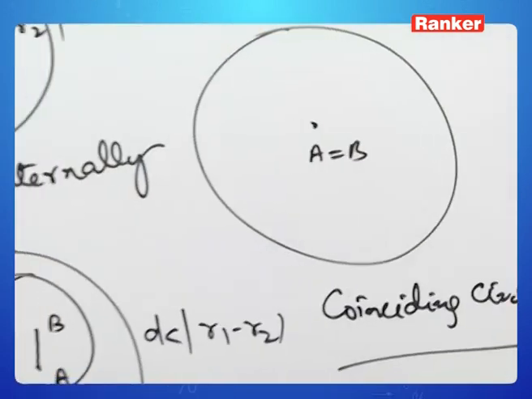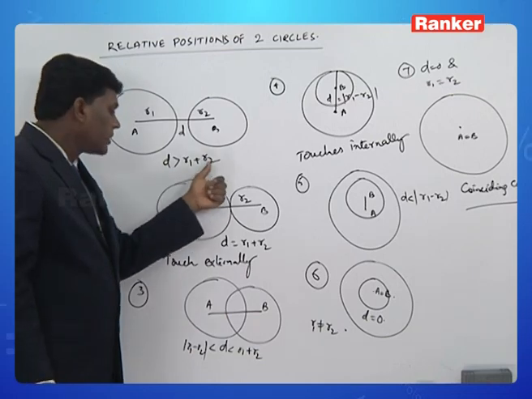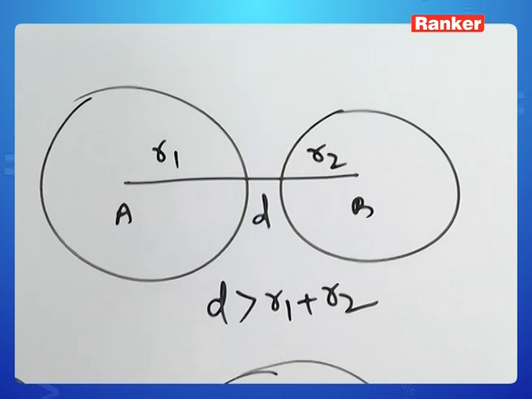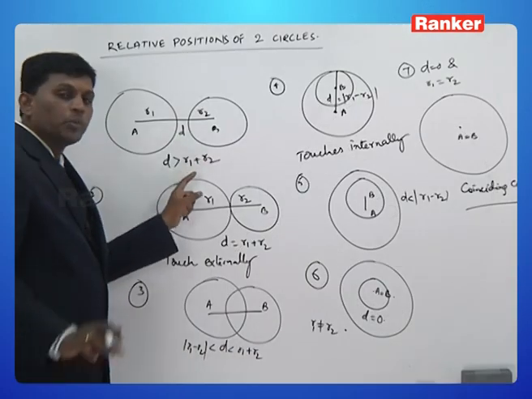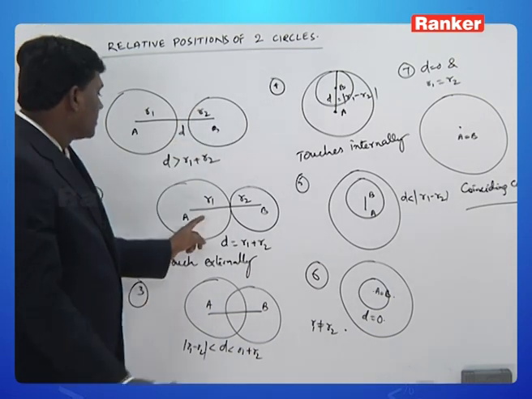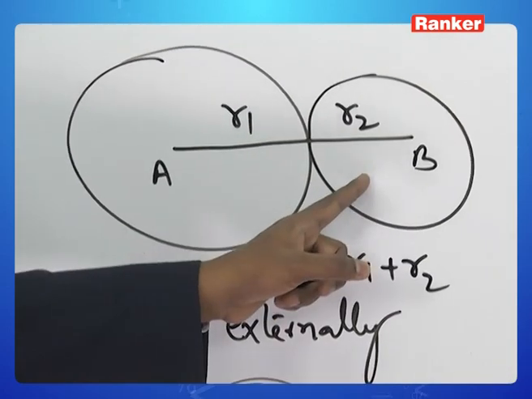Clearly we can locate the relative positions with the comparison of D and R1, R2 in various cases. If you recapitulate all these cases in order, if the distance between centers is more than R1 plus R2, they are each one external to the other. If D equals R1 plus R2, they touch each other externally.